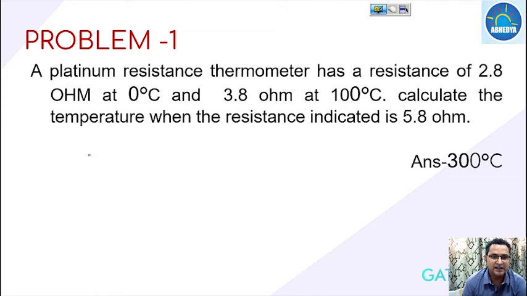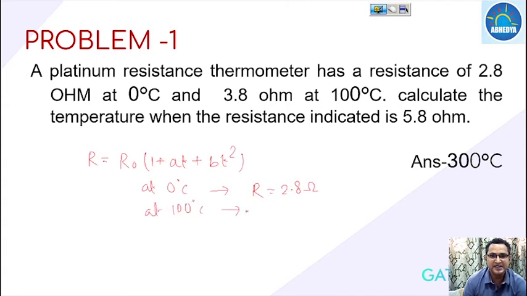We know that R is nothing but R naught (1 + AT + BT²), and here it is given that at 0 degree centigrade resistance is 2.8 ohm and at 100 degree centigrade resistance is 3.8 ohm.